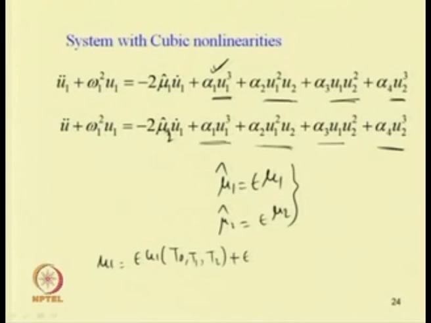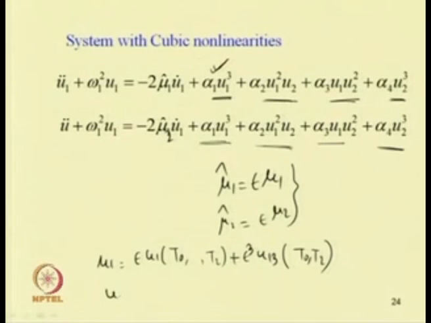In this case, as we are taking cubic nonlinearity, we may not take the epsilon square term directly. Let us take epsilon u 1 1 plus epsilon cube u 1 3, which is a function of t 0, t 2. So, we can eliminate this t 1.